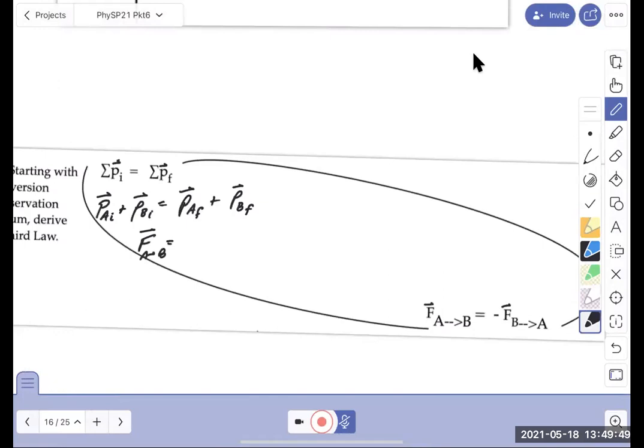So force of A on B is the change delta P_B divided by t. If you leave out your arrows, I'm not going to count off.